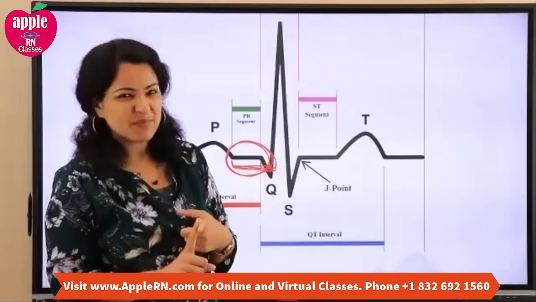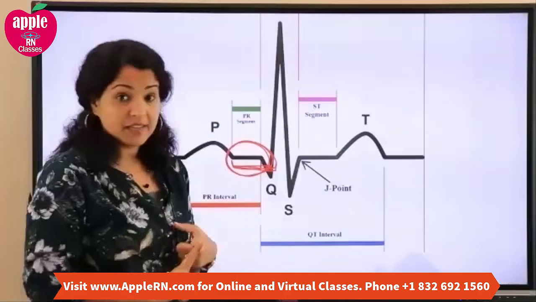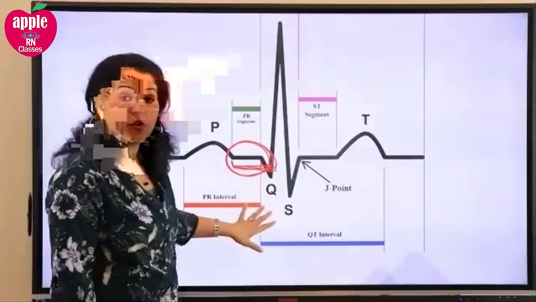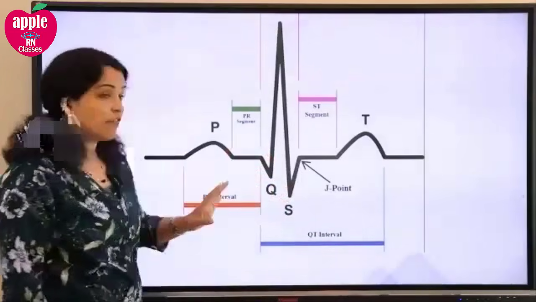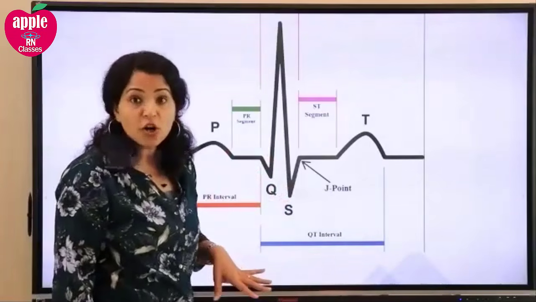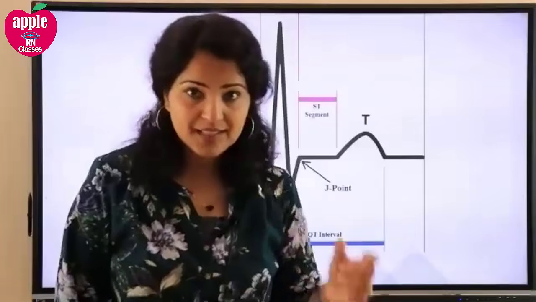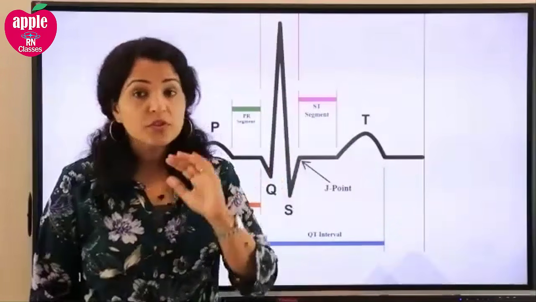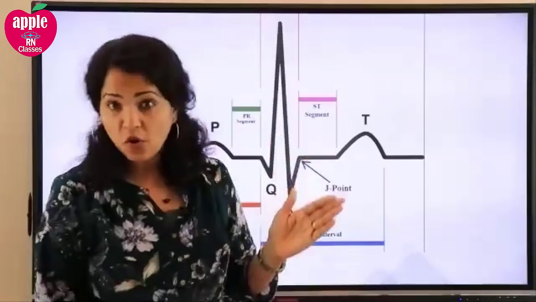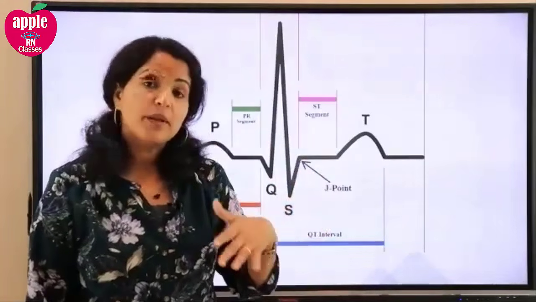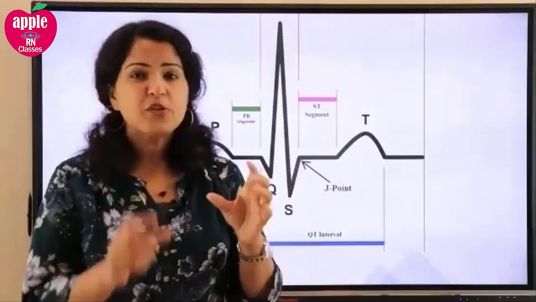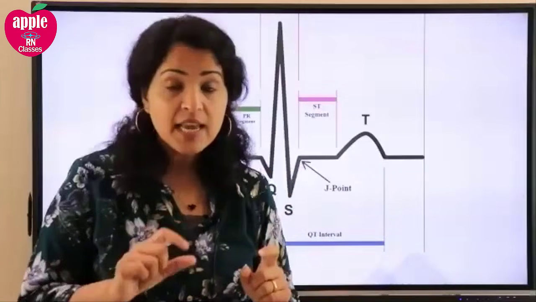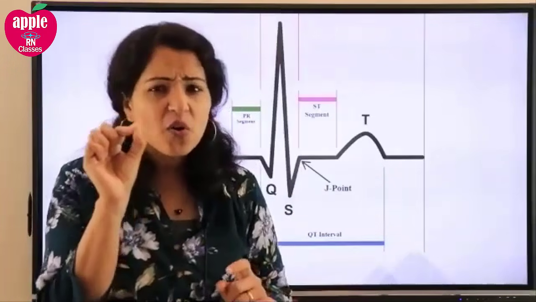Now we need to remember what is the normal PR interval. I mean, that's something we need to know, the number. But at least if you don't remember that, you have to remember it should not be more than 5 blocks. The ECG has small blocks. Okay. So up to 3 to 5 blocks is what normal is. I mean, it should not be more than 0.2 seconds. 0.2 seconds in ECG is 5 small blocks.